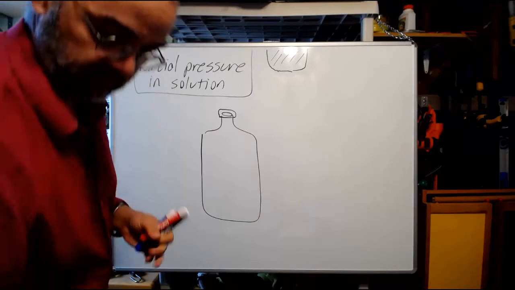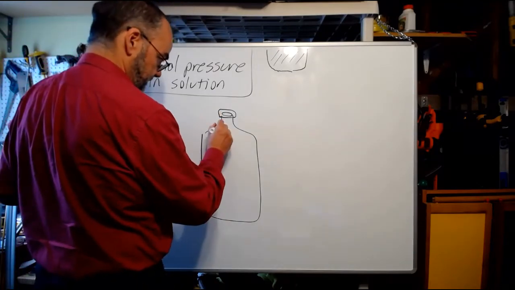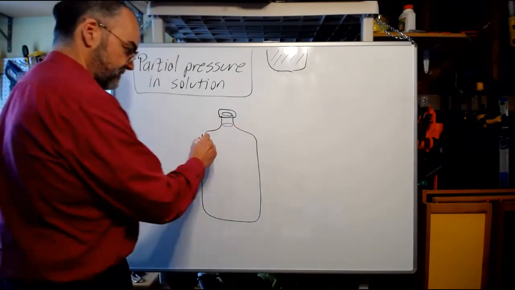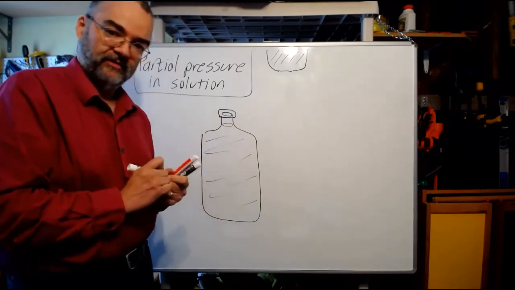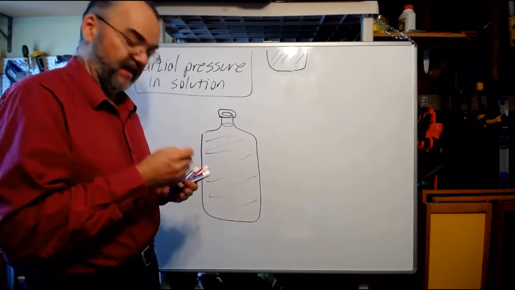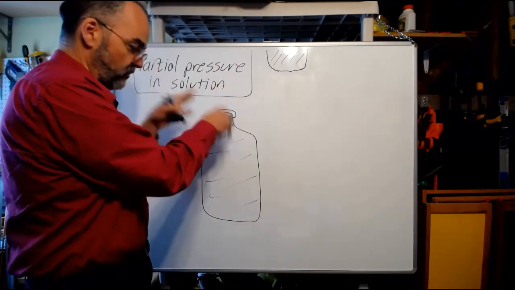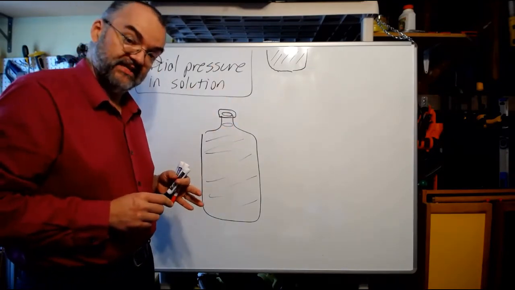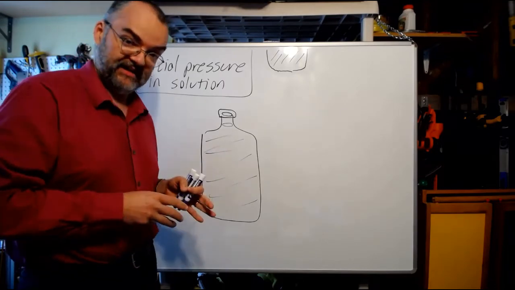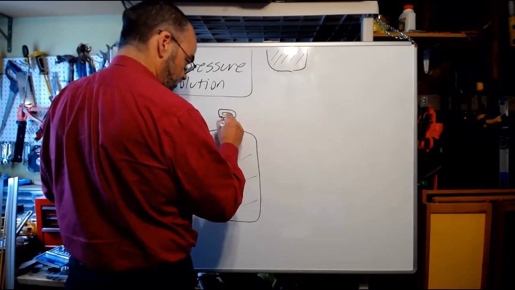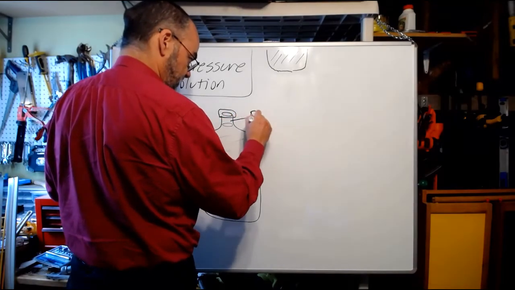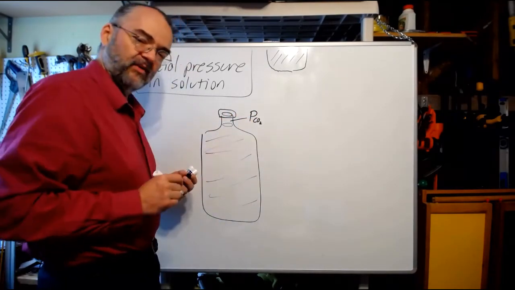We'll make it grape soda. Why not? So, a bottle of grape soda. It's been capped. Now, when people bottled this, what they did is put a lot of carbon dioxide into it under pressure. So the PCO2 of this little gas mixture up here, I don't know exactly what it is, but I'm going to make up a number.